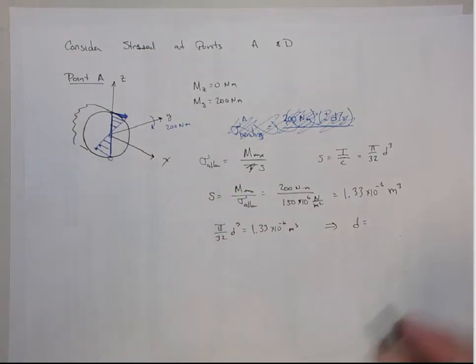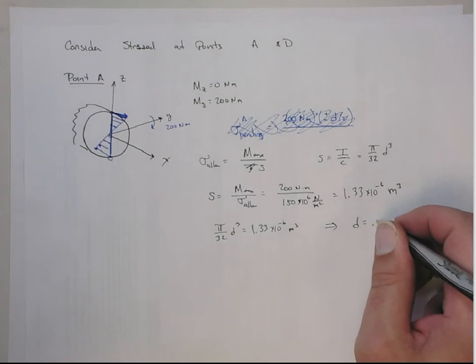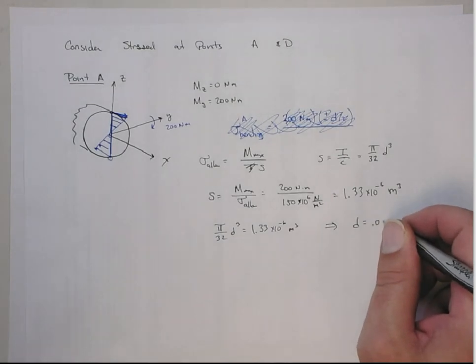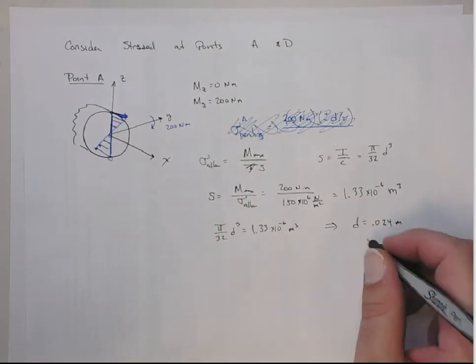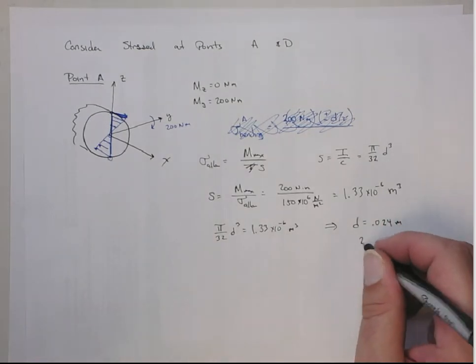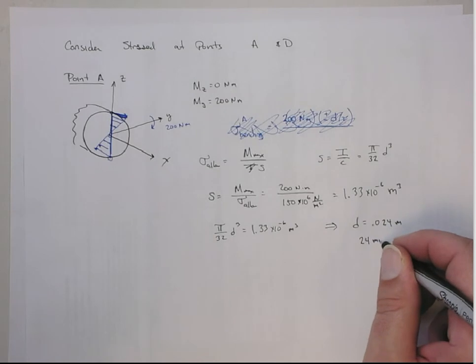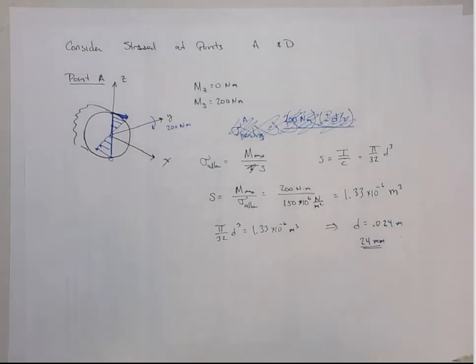And that gives me 0.024 meters, or in other words, 24 millimeters. That should be the diameter, okay? That's just considering the stresses at point A.